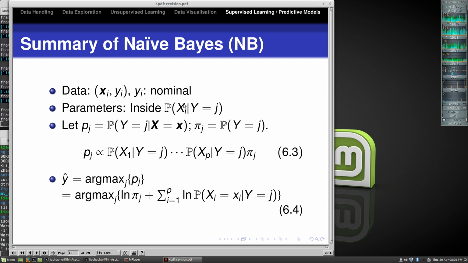This is because naive Bayes assumes that all these features are independent as random variables, so we can just split them out and perform the calculation.